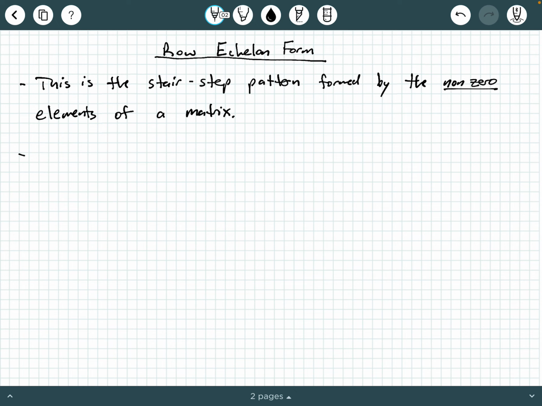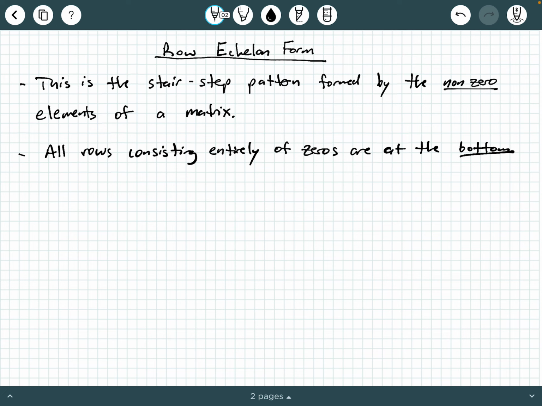So let's go through these and then we'll do a few visual examples of this. The first stipulation is that all rows consisting entirely of zeros are at the bottom of the matrix.